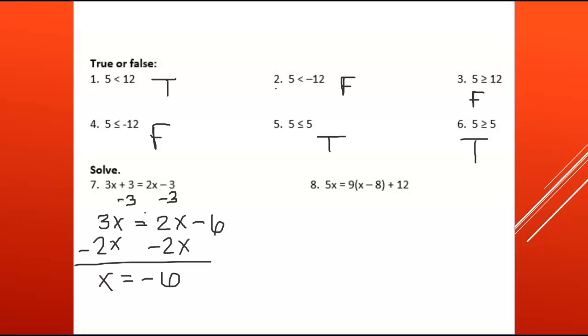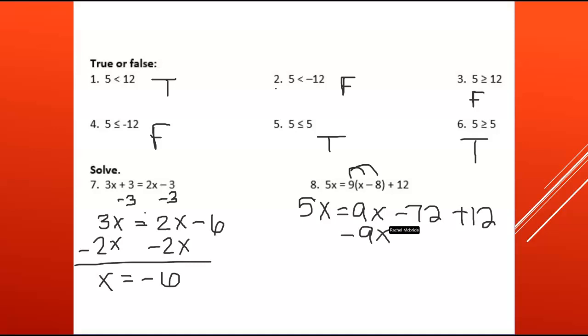Over here, my first move would be to distribute that 9, giving 5x equals 9x minus 72 plus 12. Move over your 9x, so you get negative 4x.